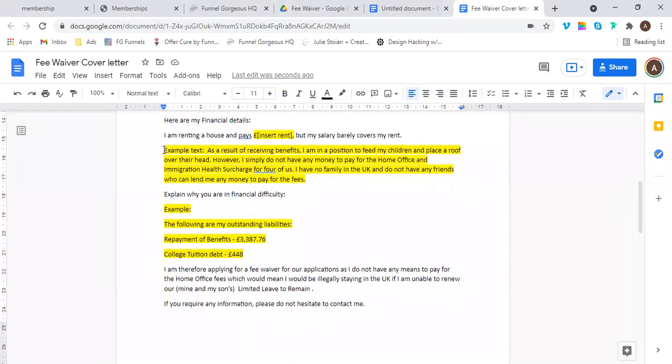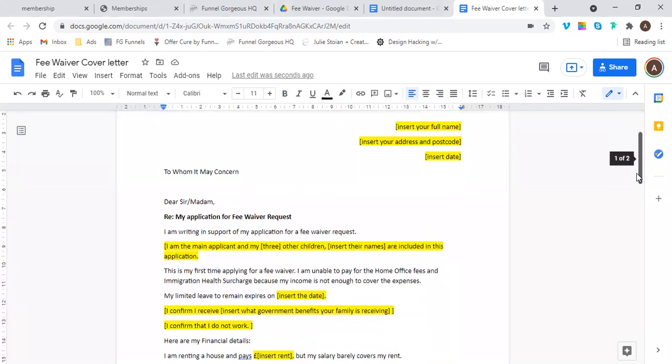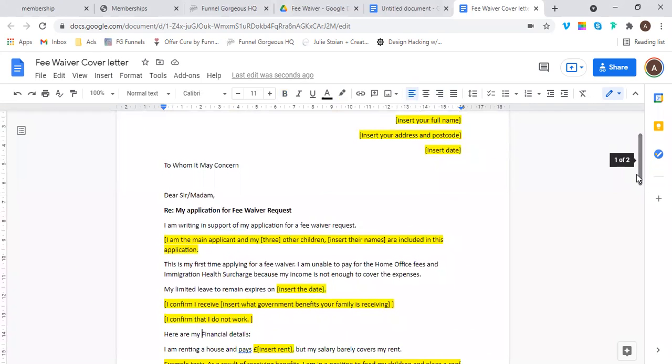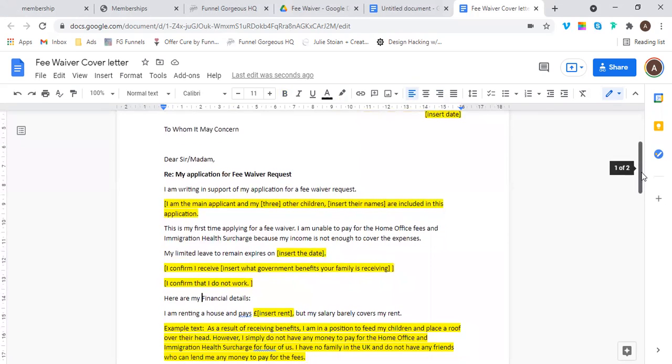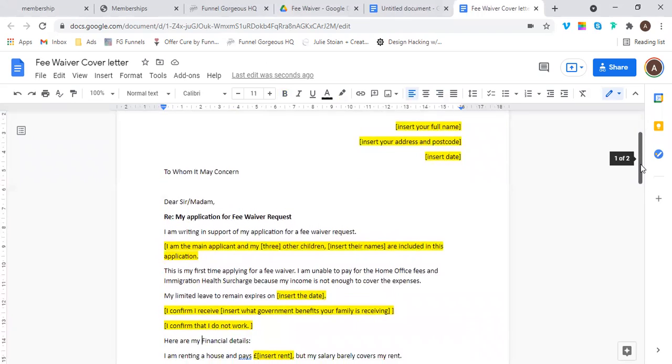Okay, and then here, it's an example. I actually took this letter from a client that I wrote on her behalf. She has three children. One child is from a different father, and he's an American citizen, and the other two children are Romanian citizens.